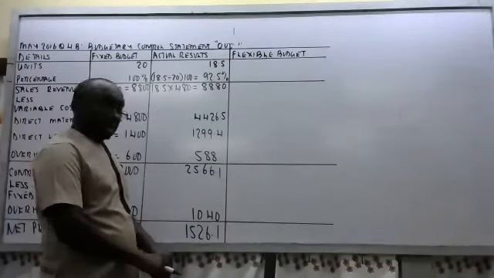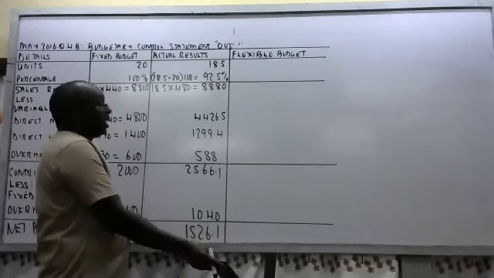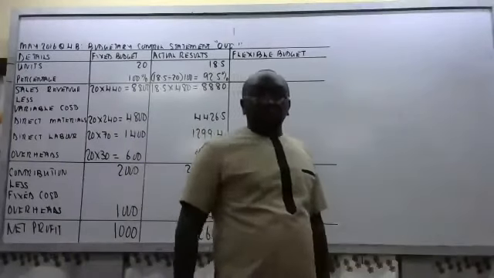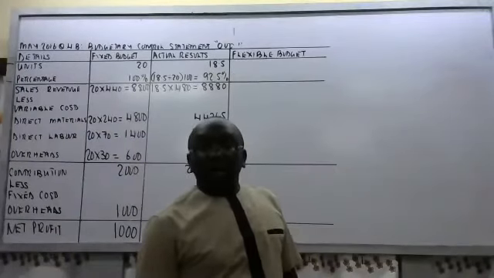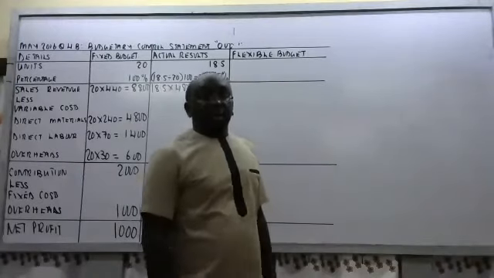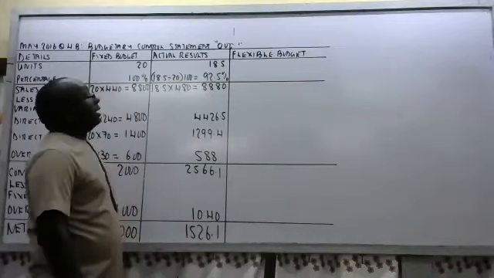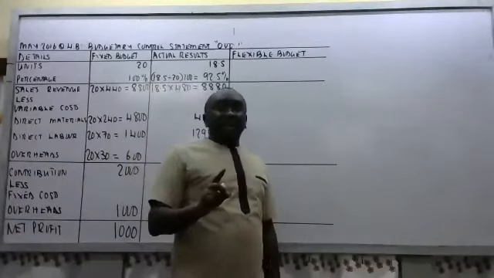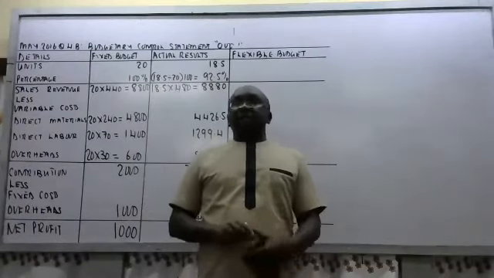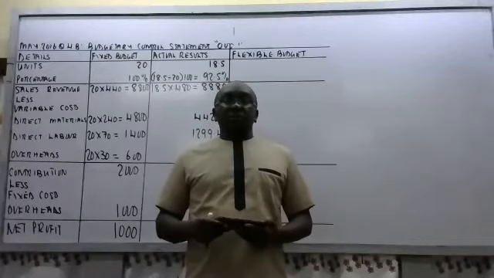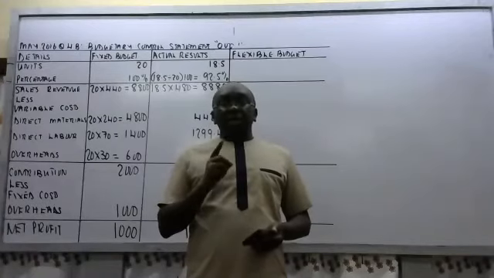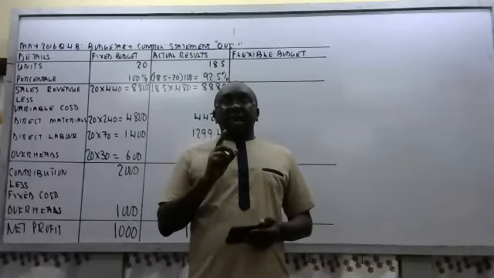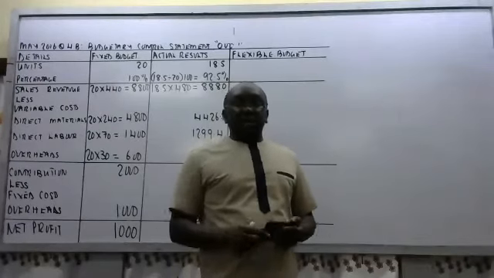Okay, as we wait for Churchill to respond, we can be computing for the flexible. So for the flexibles, I told you, yeah, Churchill now is in agreement. That's good. For the flexible, I told you, anything that is variable, that is the variable cost together with revenue, you multiply them with the new percent, and the ones that are fixed, they remain as per the original budget.